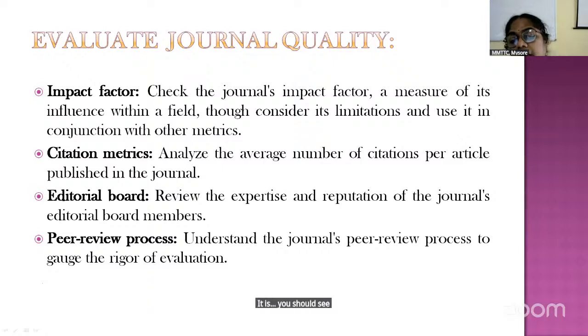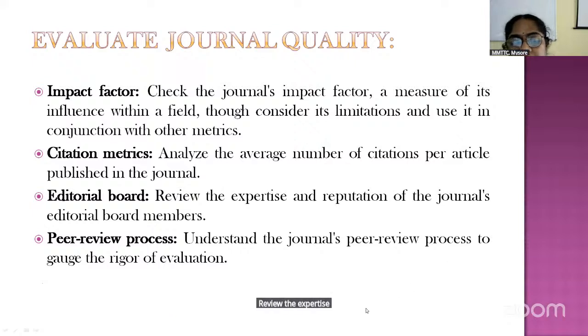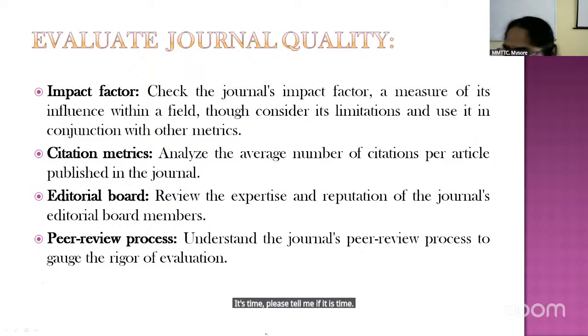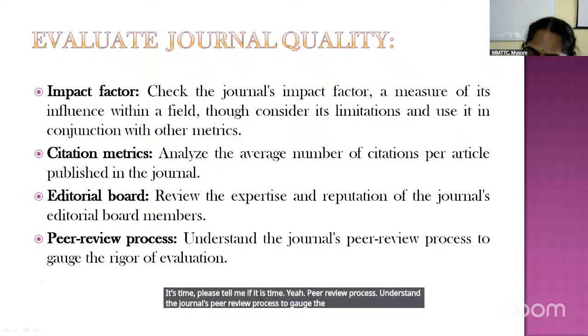Citation metrics: analyze the average number of citations per article published in the journal. That is one point. Editorial board: review the expertise and reputations of the journal's editorial board members. Peer review process: understand the journal's peer review process to gauge the rigor of evaluation.